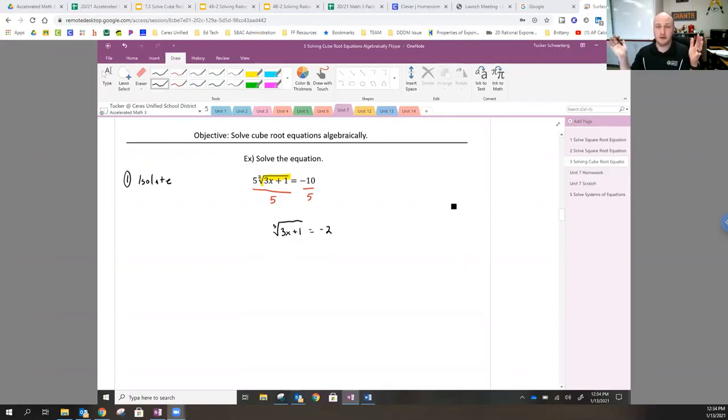All right, radical isolated. What do I do next? Go ahead and raise to the appropriate power. So I will cube each side. And I get 3x plus 1 on the left is equal to -8 on the right.